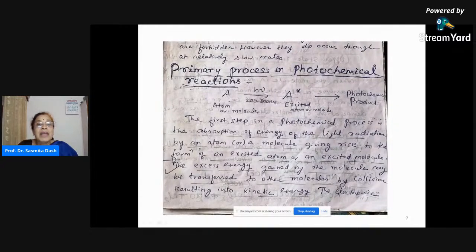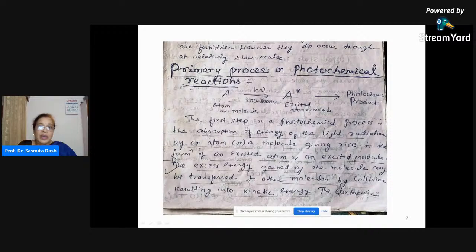First is the primary process in photochemical reaction, in which the reaction is initiated, and another is the secondary process, where the reaction is continued in a chain-like manner, and again it finds a termination at the end. So we will discuss the primary process first. Let us see how it happens.